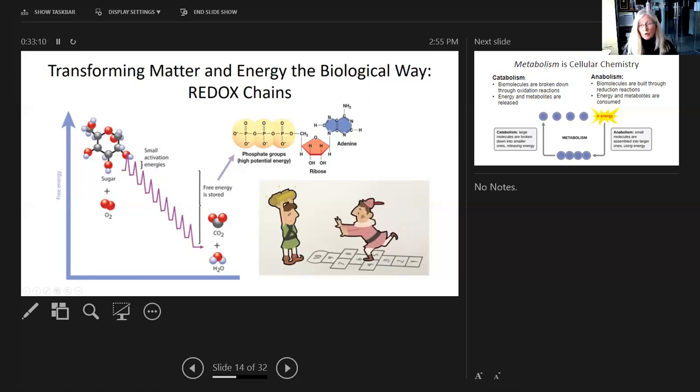And the good news is, the transformation of matter is exactly the same. Carbon dioxide and water are what the sugar molecule is converted into. But the energy, because it's being released in a controllable fashion, can be transferred and stored as a storage molecule. And in the case of biology, that storage molecule is called ATP, adenosine triphosphate. It is a nucleotide, and it's called triphosphate because there are 3 phosphate groups.